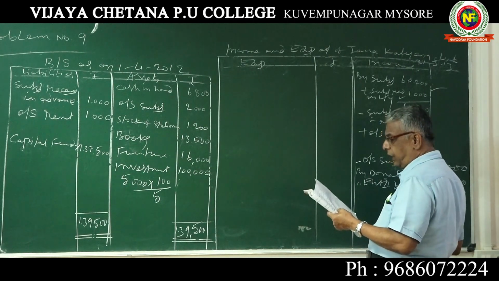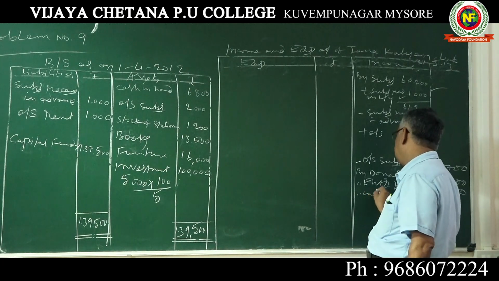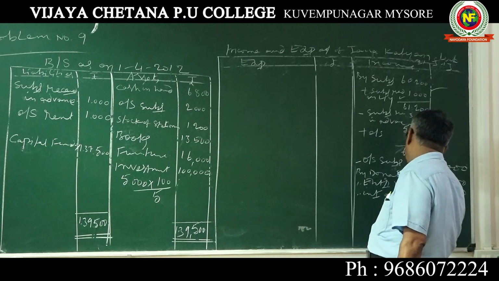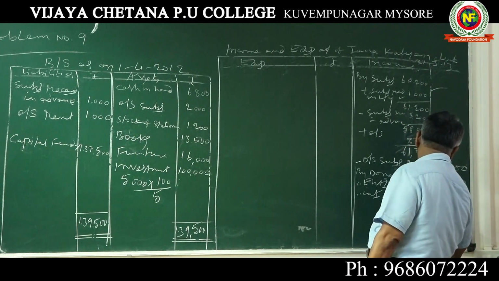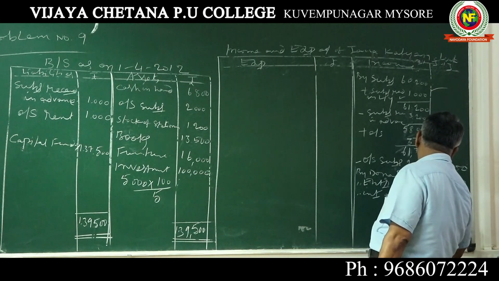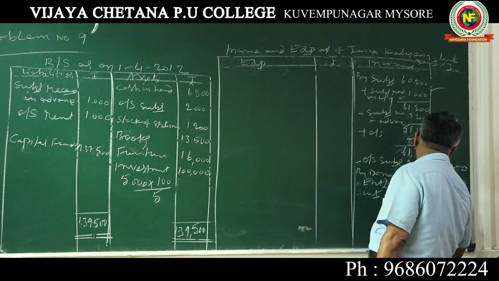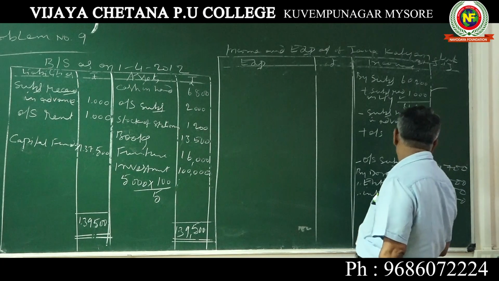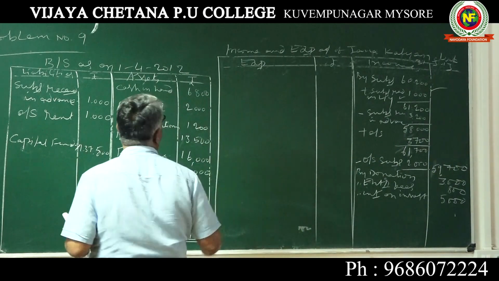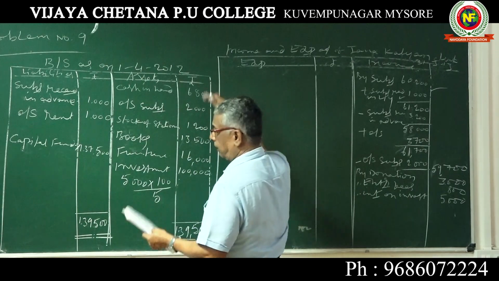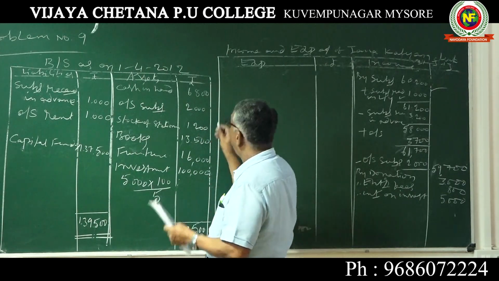Interest on investment we are having 5,000 rupees, as given in the problem. So now I would like to come to the expenditure side.